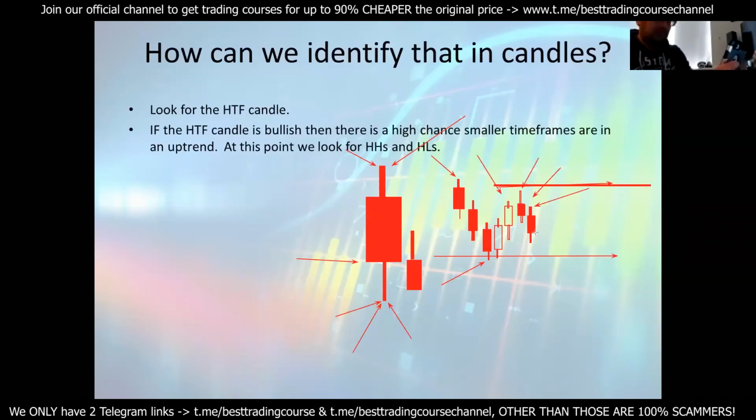If candles are moving bearish, they're making lower highs and lower lows. So what's the probability of the next candle continuing bearish? That's a very high probability. So what are you going to do? You're going to be like, okay, the next candle looks like it can go bearish, so I'm probably going to hold my sell.